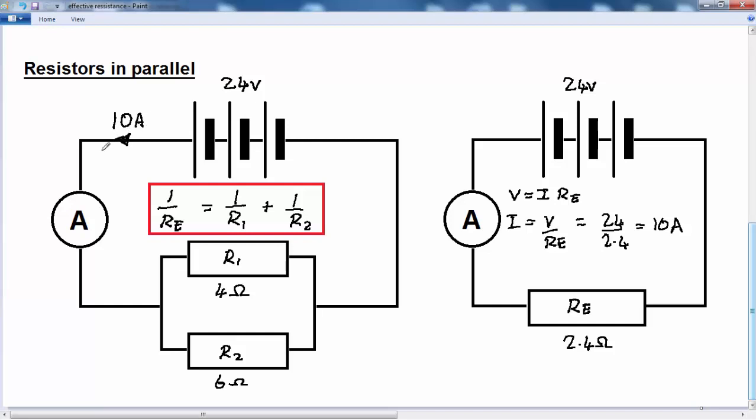When it reaches this parallel part, the current will divide up into 6 amps going that way and 4 amps going that way, remembering that the sum of these two currents must equal 10 amps, and these will then join back again to form 10 amps flowing back into the battery. Okay, so that's how we calculate the effective resistance of resistances in parallel.